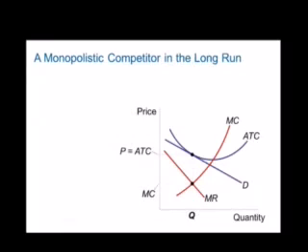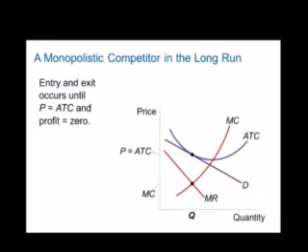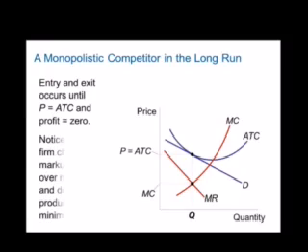So in the long run, because of entry and exit, the price that they charge equals the average total cost. The average total cost curve is tangent to the demand curve at the profit maximizing price.